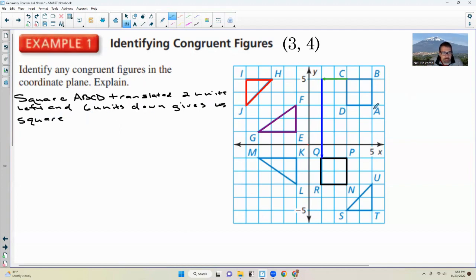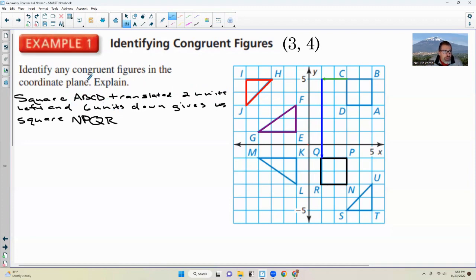And I'm going to name them the same. So if I name this A, B, C, D, and it's just a translation, A became N, B became P, C became Q, and D became R. So square ABCD translated 2 units left and 6 units down gives us square NPQR.